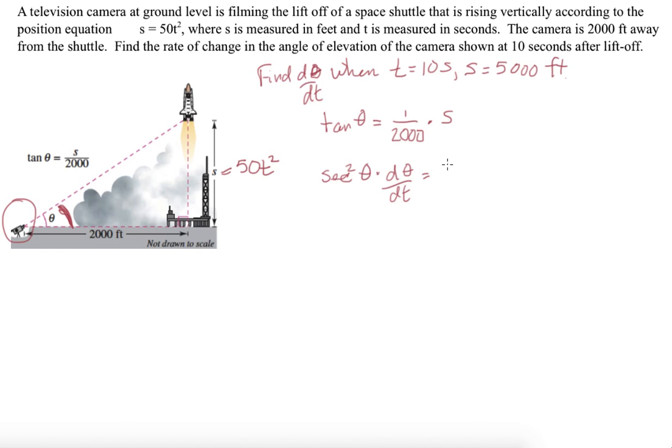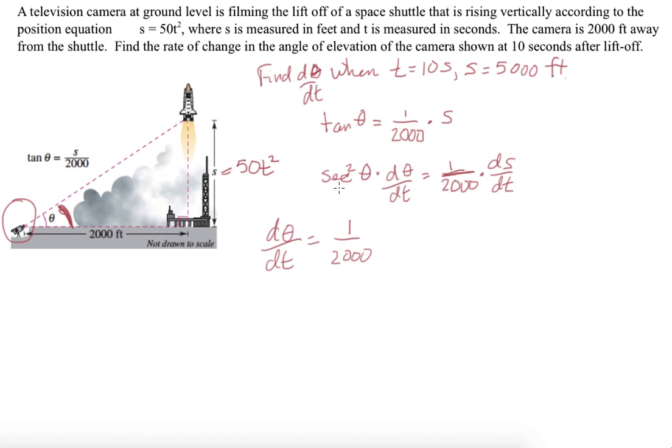I'm going to take the derivative with respect to time on the right-hand side. That's 1 over 2,000, a constant, so I just leave it there, times the derivative of s, which is going to be ds dt. We're solving for d theta dt, and so that will give me 1 over 2,000.